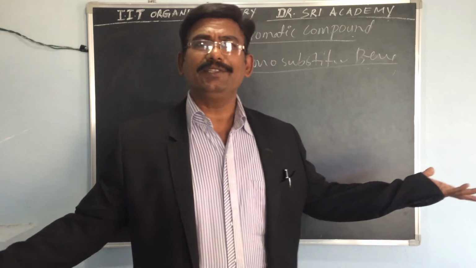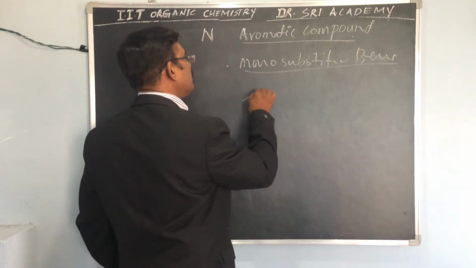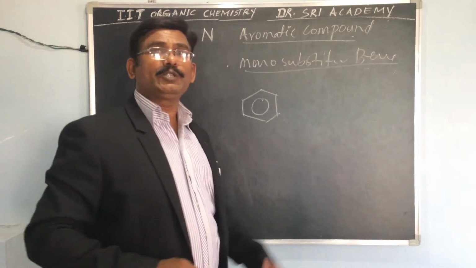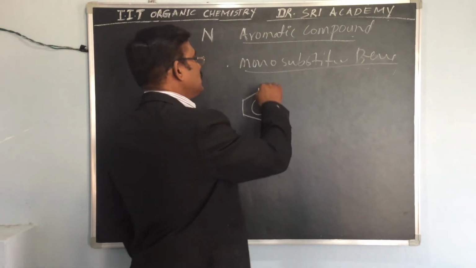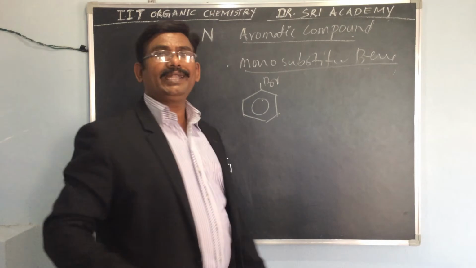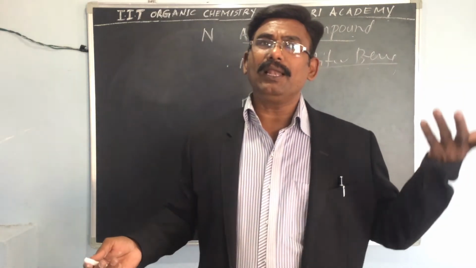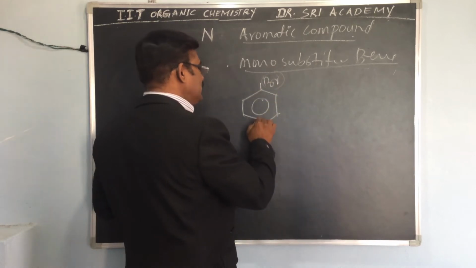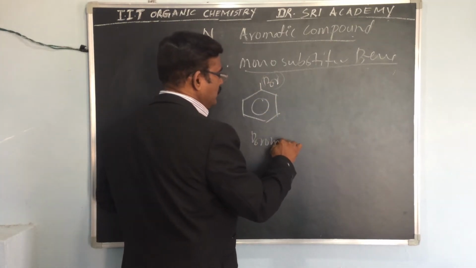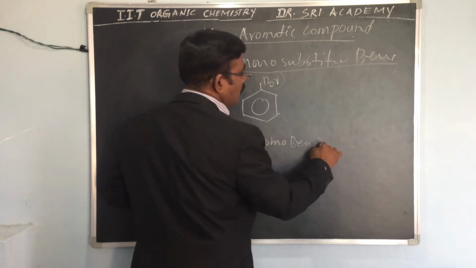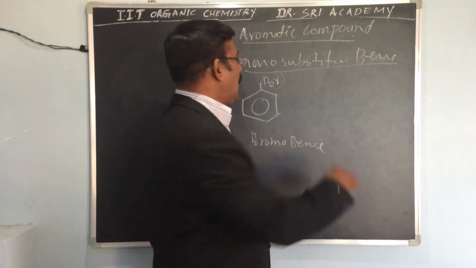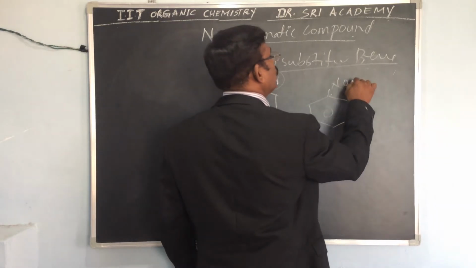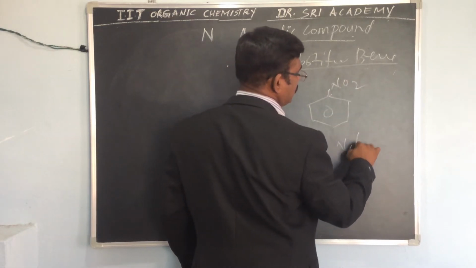So we know the benzene ring is substituted by only a single group. So what is this name? Simple. The Br is bromobenzene. And if a nitro group, NO2, is there, nitrobenzene.